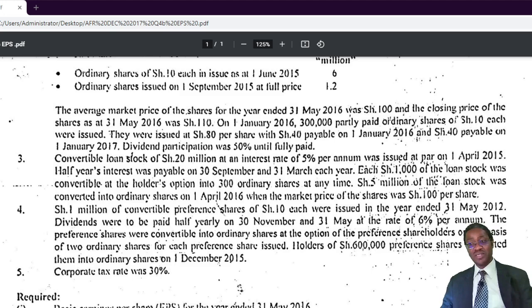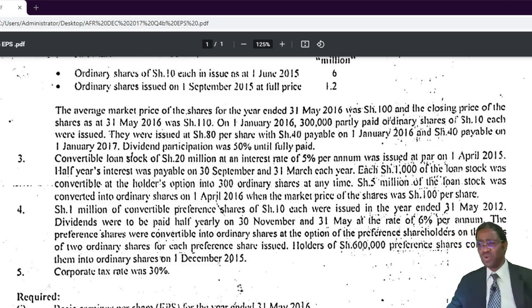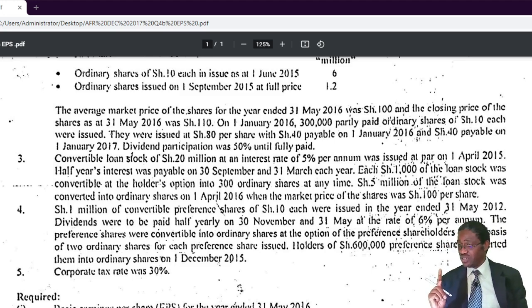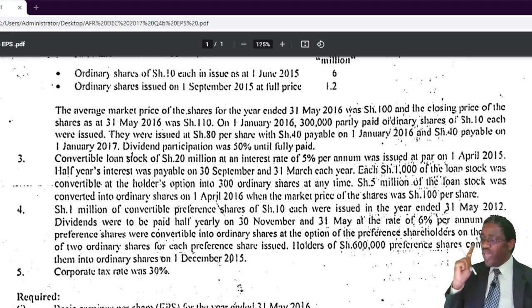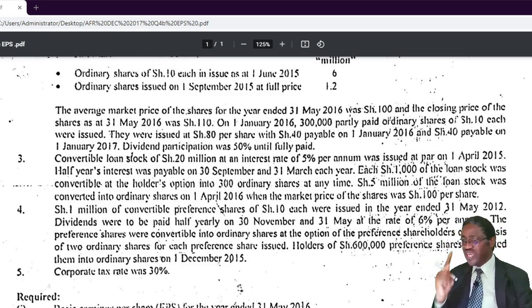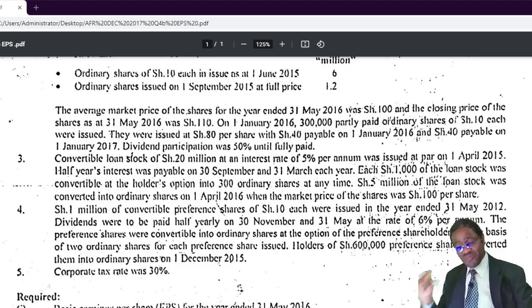Listen. This is not like note number 3. Note number 3 said, for every 1,000 shillings of the loan stock, you get 300 ordinary. Then we said, what about shillings 5 million, because we were told shillings 5 million converted.